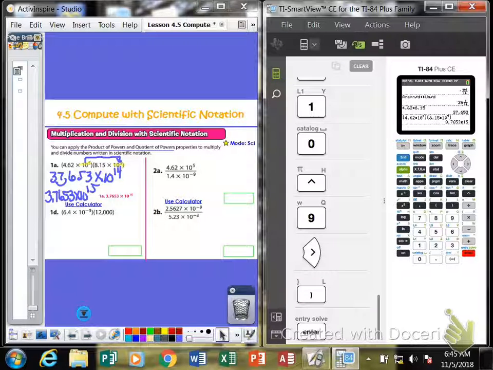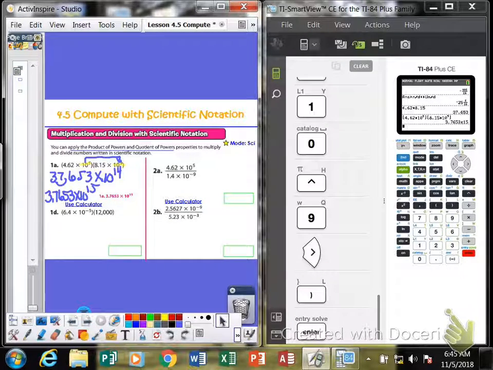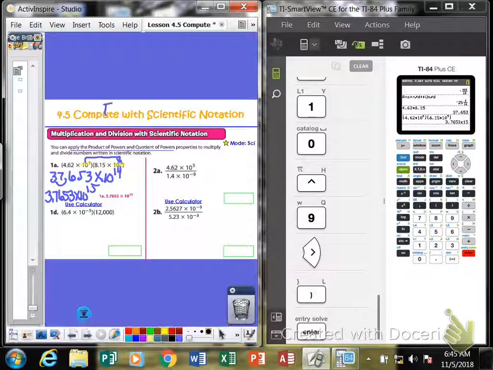What you need to know, ladies and gentlemen, when you're using your calculator, is that the E represents times 10. So the E is the same as saying times 10.